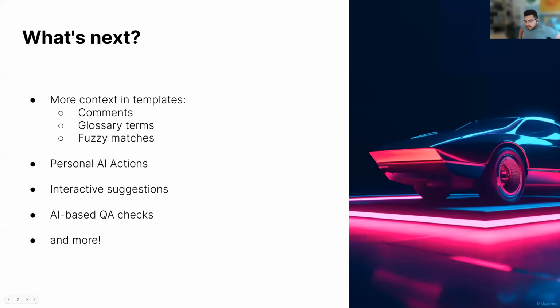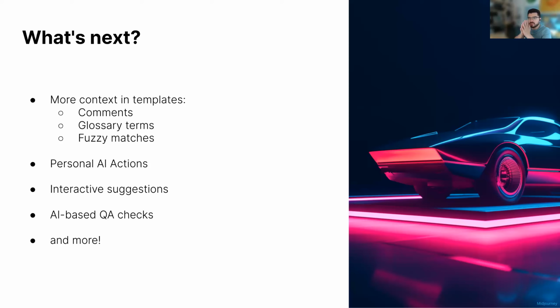So Juan gave a great brief introduction of what we have in terms of AI actions and in terms of configurability. What comes next is even more configurability. So we are working on providing additional context that can be used in templates.